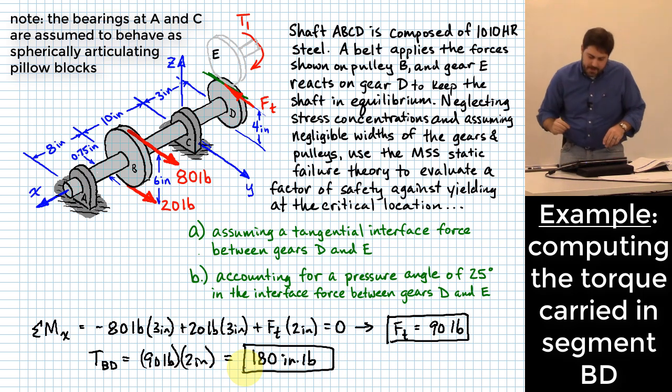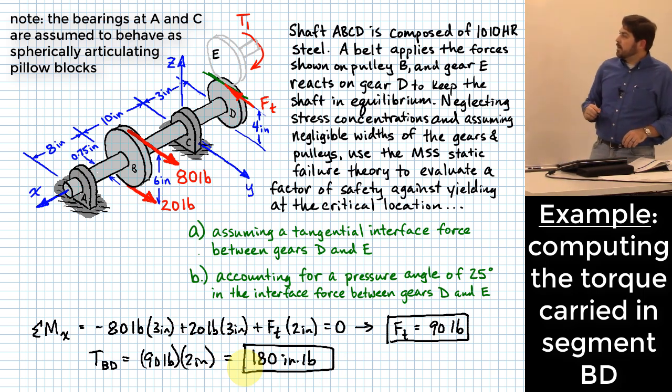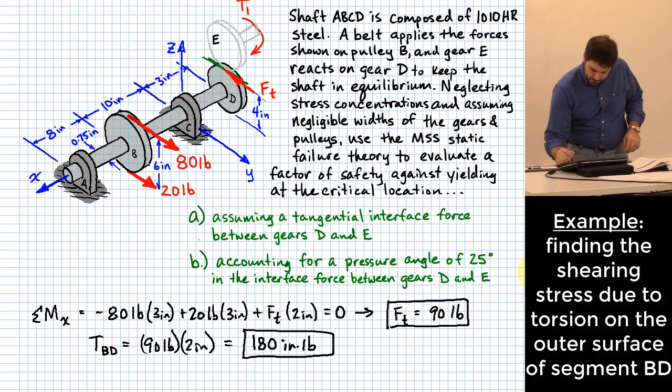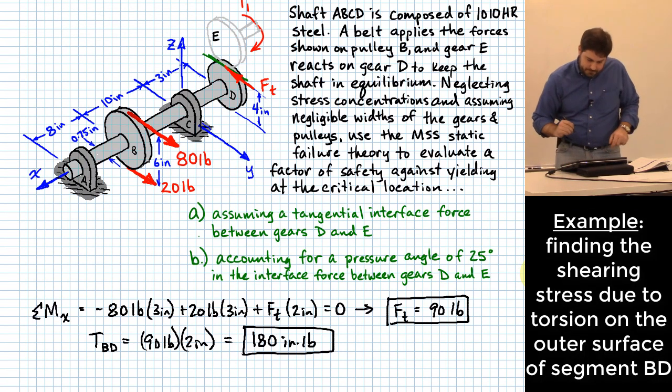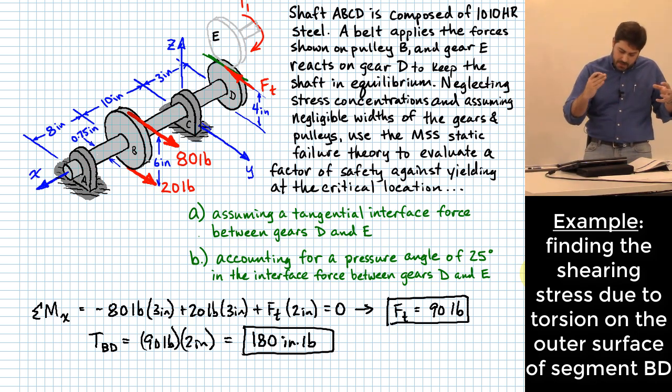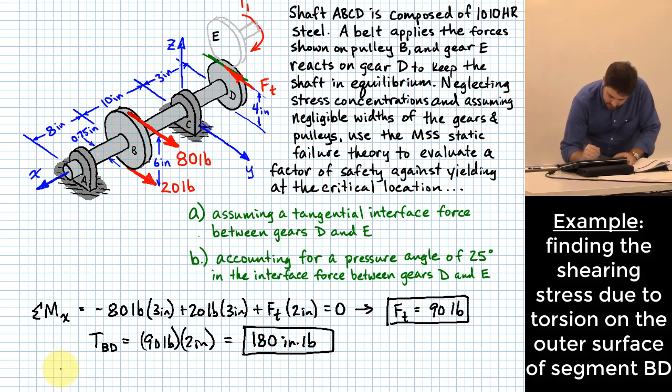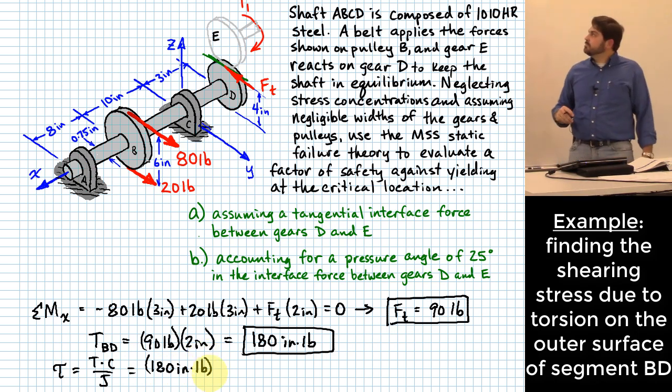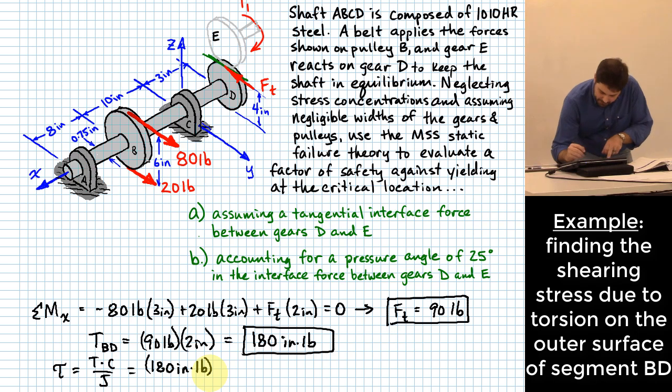Okay, what can I do with that? Okay, I can find shearing stress with that torque that exists between B and D. How do I do that? Okay, TC over J, someone says. And what that looks like is 180 inch-pounds. What's C? Okay, half of 0.75 inches.